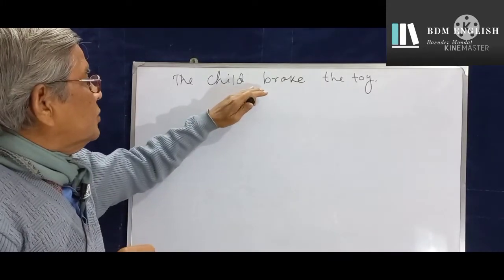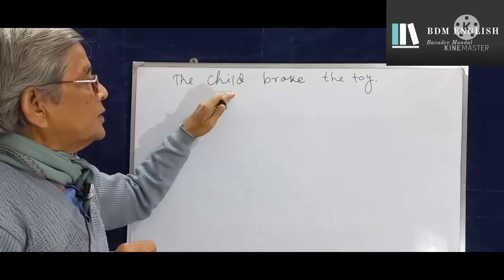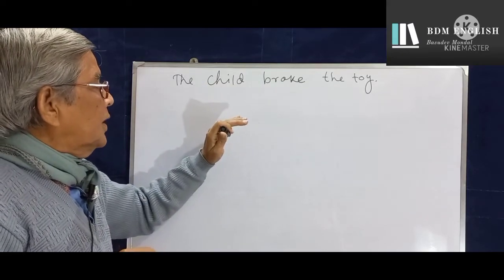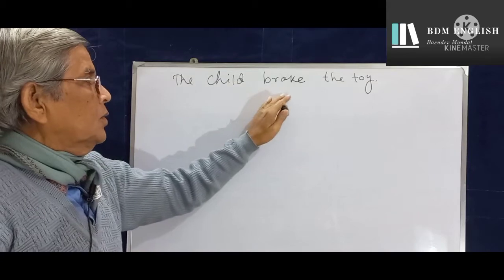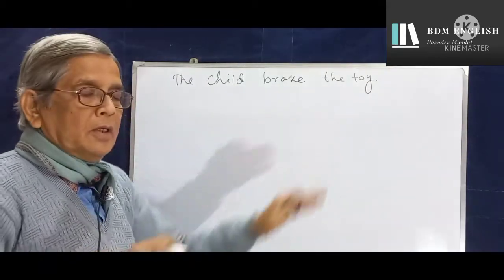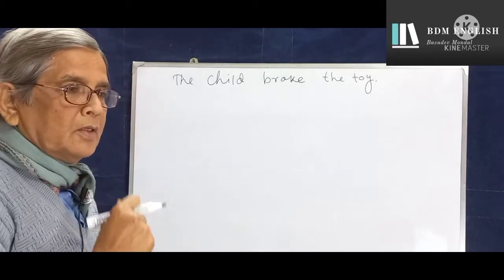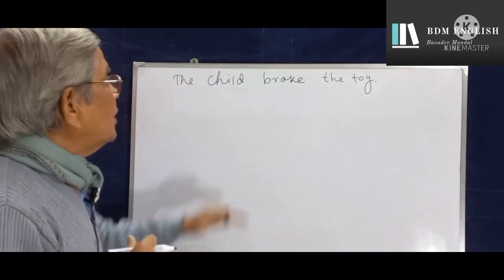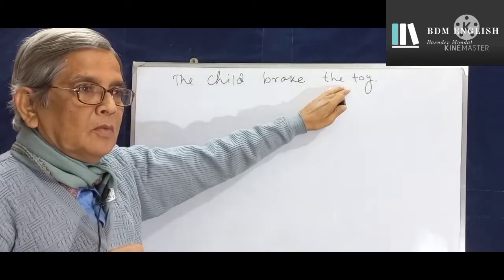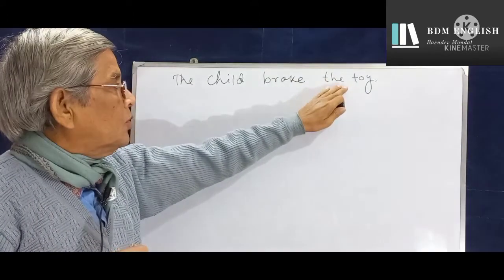Now, obviously, the doer of the verb to break here is the child. But the child could not perform the action of breaking without the toy. If the child did not have the toy in its hand, it could not break the toy. So, the action directly falls on this toy. And therefore, it is called an object.